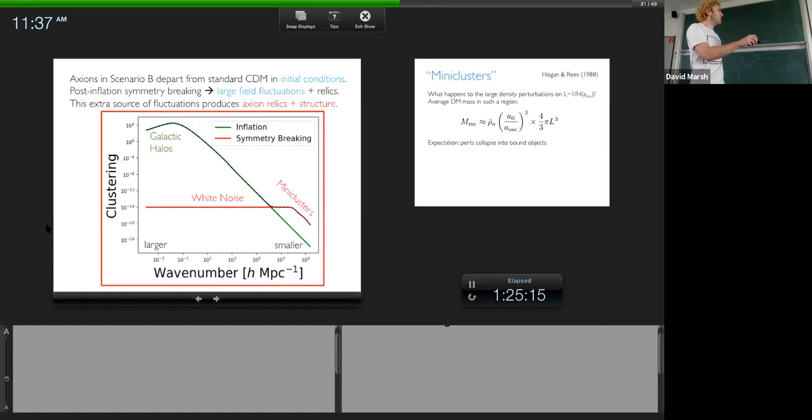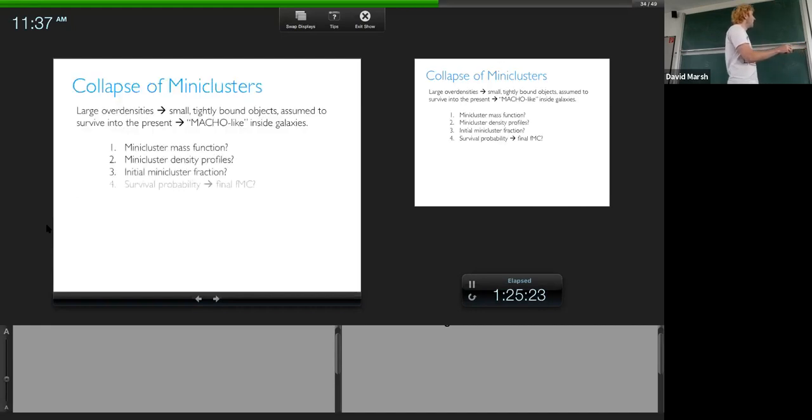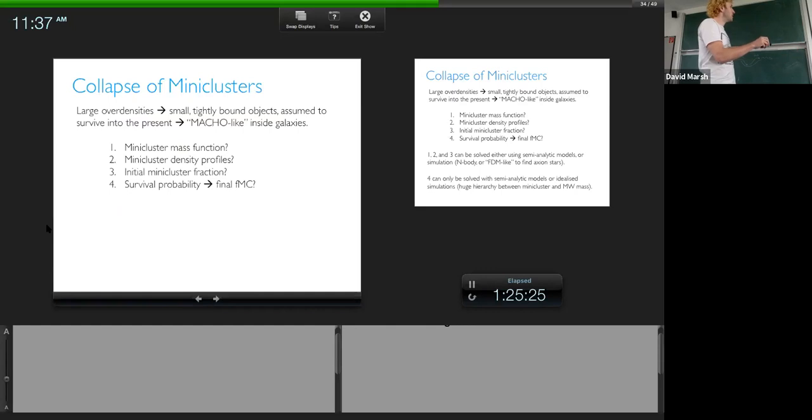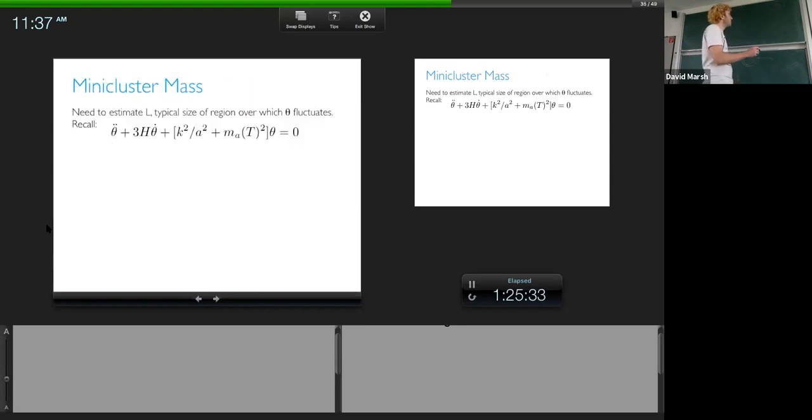This is just too much dynamic range. You're never going to make the Milky Way out of these things in one simulation. So you have to use modeling to get the survival probability. All of these questions have been addressed in the literature, and I'll only talk about things really in the literature.